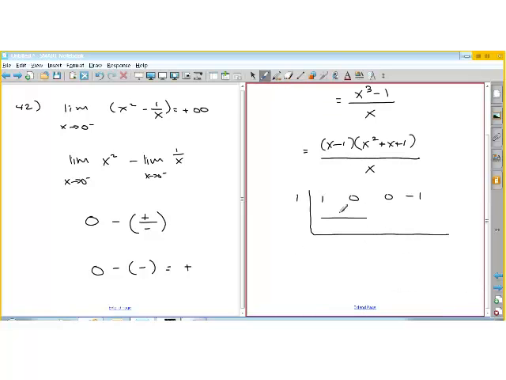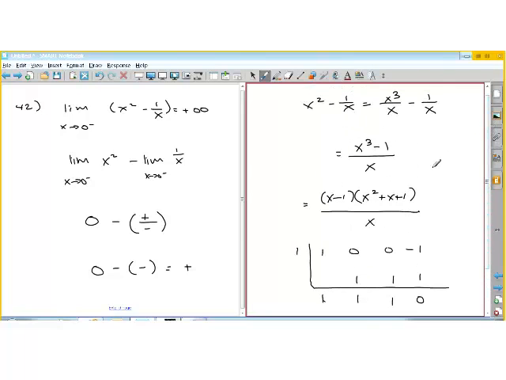If we do the synthetic division, we bring the 1 down. 1 times 1 is 1. 0 plus 1 is 1. 1 times 1 is 1. 0 plus 1 is 1. 1 times 1 is 1. Negative 1 plus positive 1 is 0. And so I end up with x squared plus x plus 1, which is this part right there. So that does work out, right?